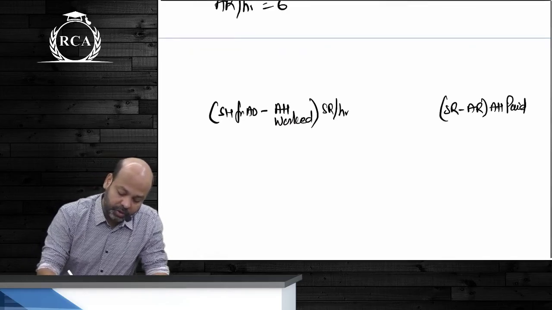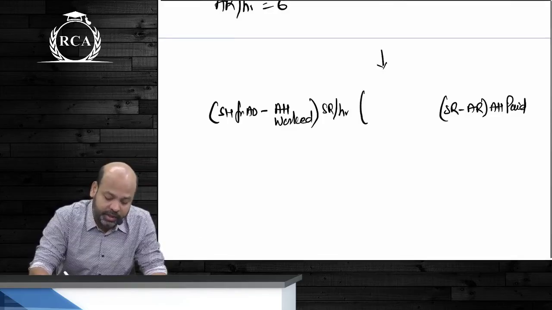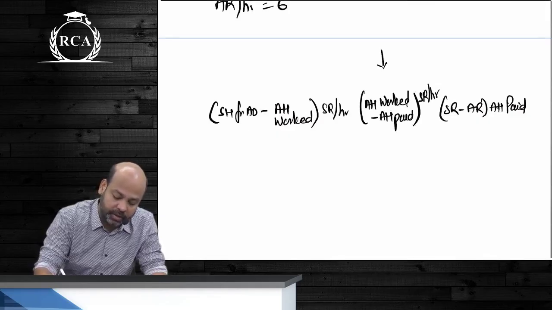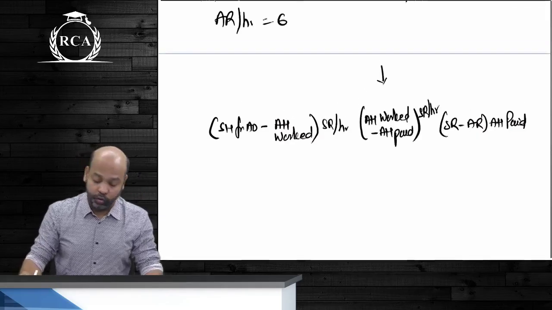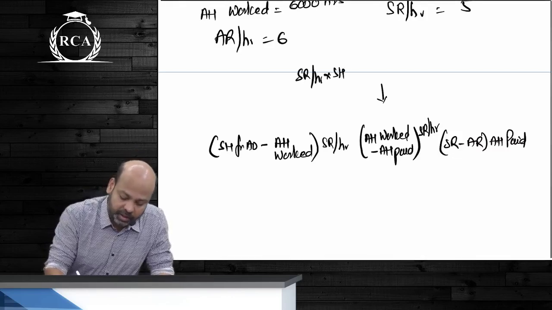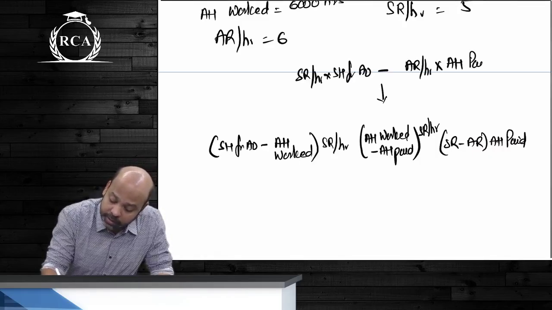We introduce a new term called idle time variance. And that idle time variance, guys, will be actual hours worked minus actual hours paid multiplied by standard rate per hour. Your overall labor cost variance is still standard rate per hour into standard hours for actual output minus actual rate per hour into actual hours paid only.